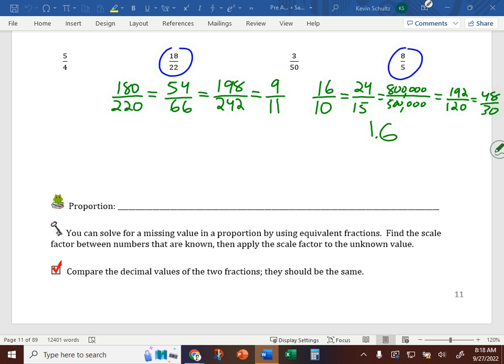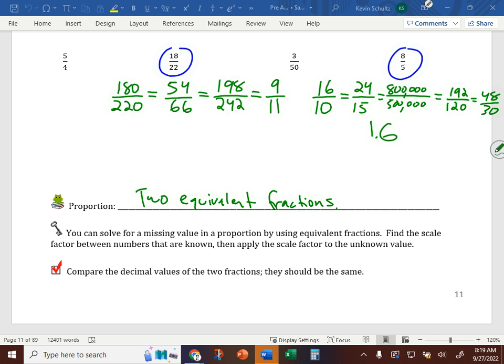So that now brings us to a proportion. Anyone know the definition or can describe what a proportion is? We're going to use the word equivalent now that we're experts on equivalency. A proportion is basically two equivalent fractions.